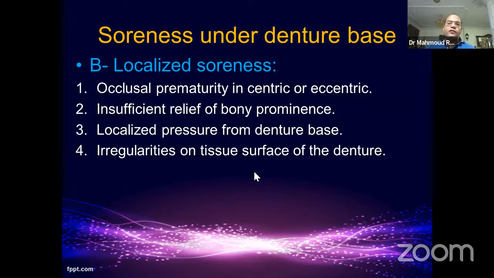Okay, we are going to localized soreness, and the causes of localized soreness are: number 1, occlusal prematurity in centric and eccentric; number 2, insufficient relief of bony prominence; localized pressure from the denture base also causes localized soreness; and finally, irregularities on the tissue surface of the denture.